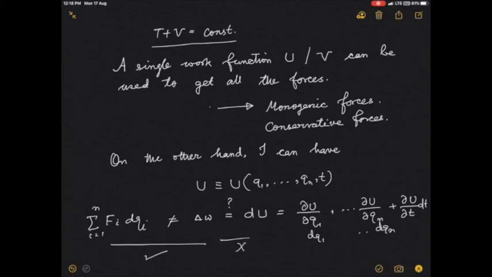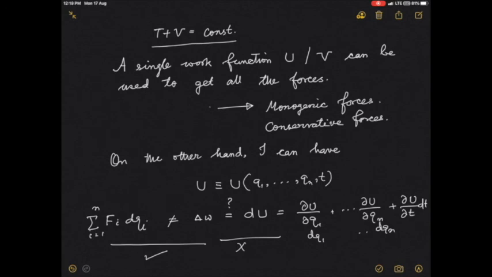So if this I have assumed, then this cannot be true, right? So that is not the case of a monogenic force. That is the case where obviously I don't have a conservative force, so my potential depends on time, right?